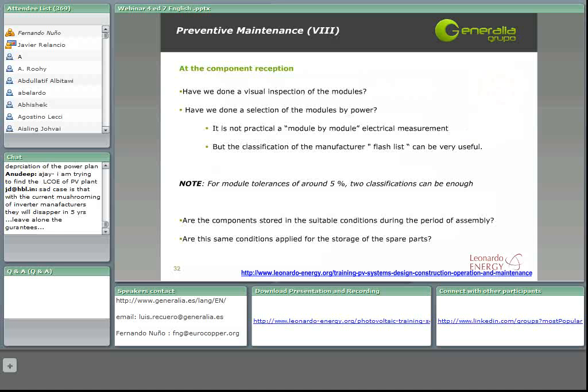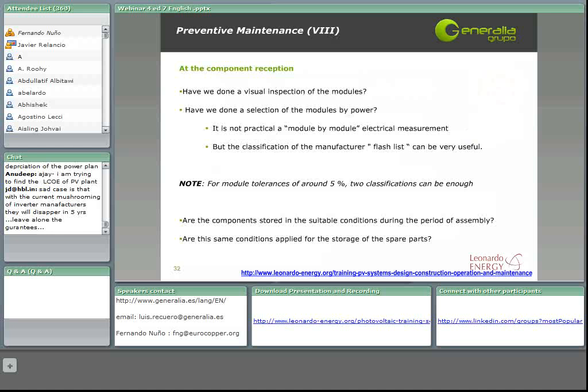During the component reception, three points could be enough. First, have we done a visual inspection of all the modules that we have received, or at least a sample of them? Second, have we done a classification of the modules by power, which we can do using the manufacturer flash list?